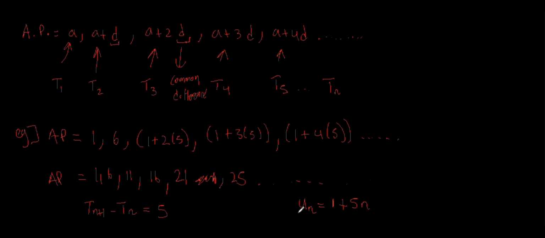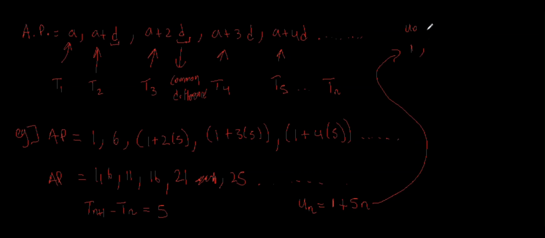When you're using the formula to generate the terms of a sequence, you need to start at 0. So when n is 0, let me generate back this AP here. When n is 0, we would get u naught, so we'll just get 1.